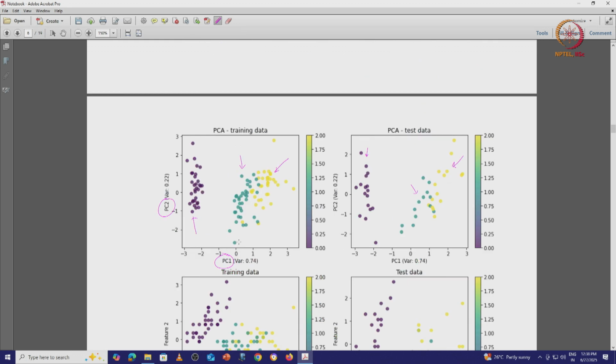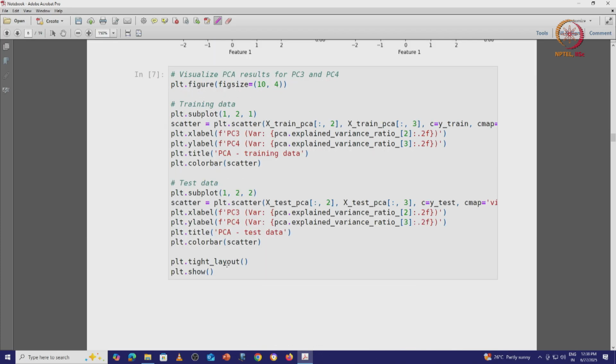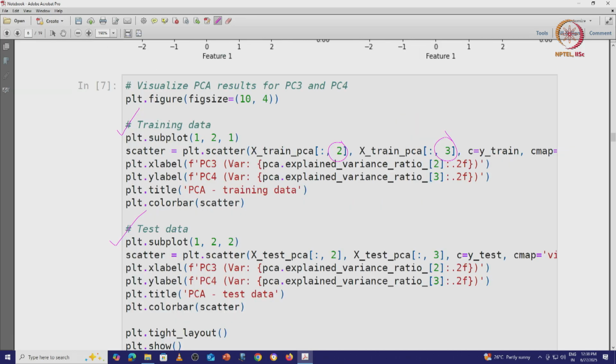Now what happens if we plot the training data and the test data in the space of PC4 versus PC3? That's what we are doing here. This is PC3, this is PC4, and we are plotting the data points as PC4 on the y-axis versus PC3 on the x-axis, for both the train and the test data, just as we did earlier for PC1 and PC2.